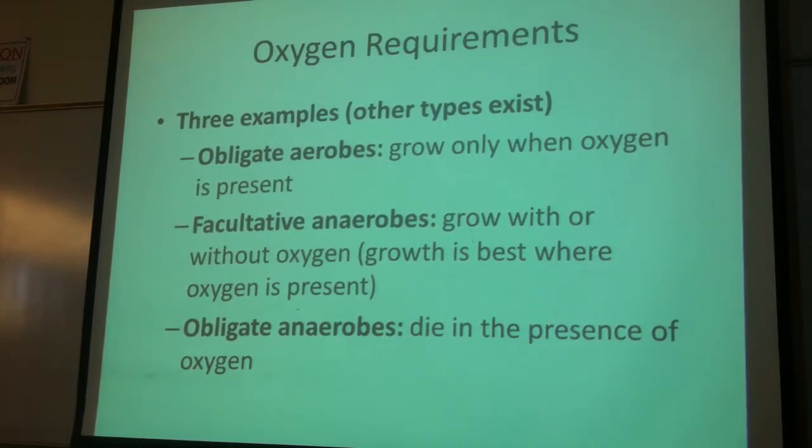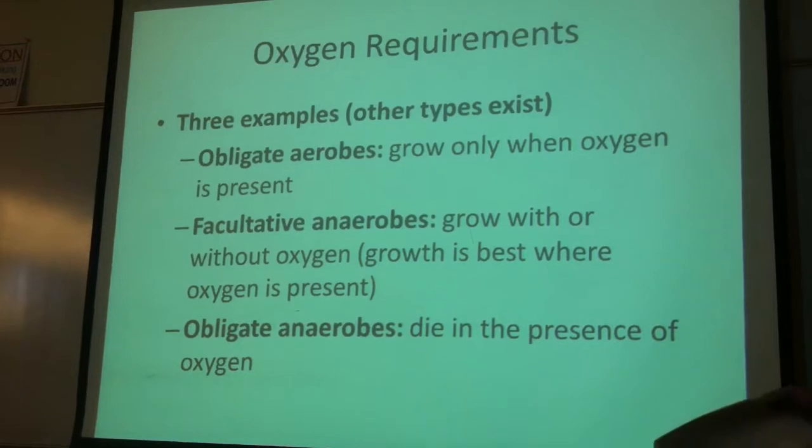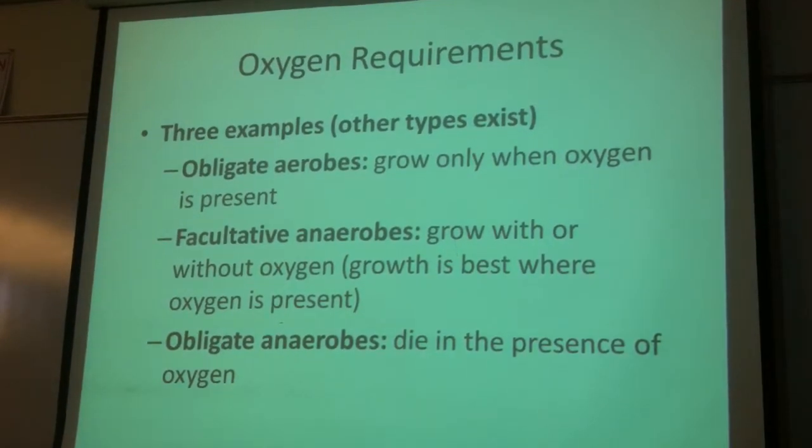So this is like yeast. Yeast will grow best when there is oxygen, and they will double like crazy. Starve them of oxygen, they'll start doing fermentation. So they will survive, they will reproduce, they will grow, not as well as with oxygen, but they will still survive. So facultative. Or obligate.